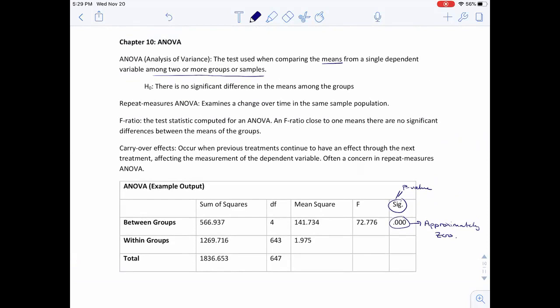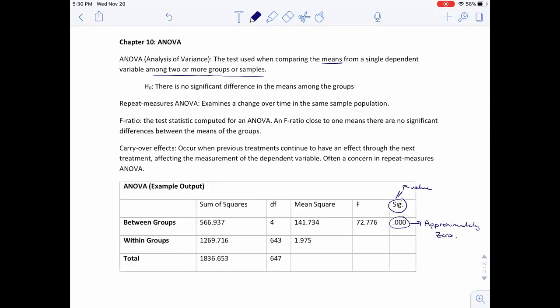Carryover effects are usually a concern for repeated measures testing. So you've got a group of patients, and you give them drug A for 3 months, and then you let them sit for a little bit.